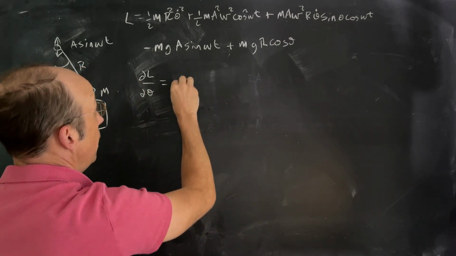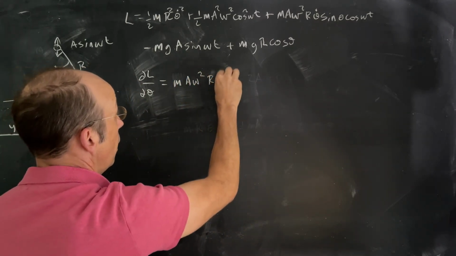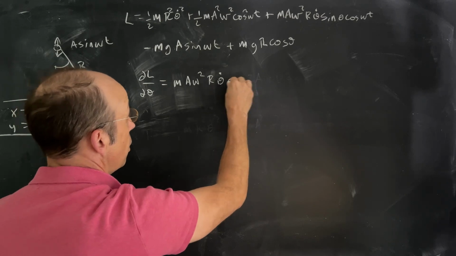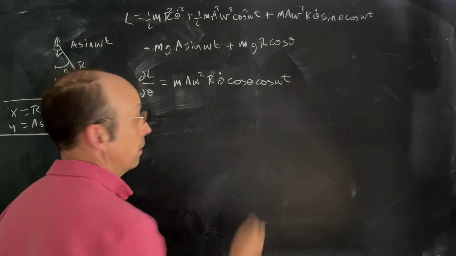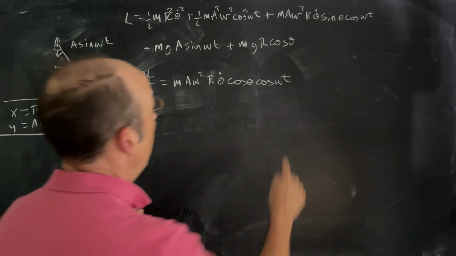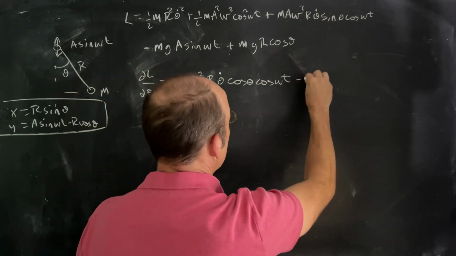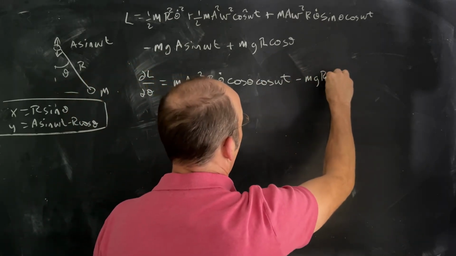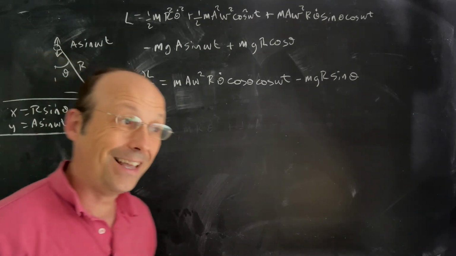So I have m a omega squared r theta dot cosine theta cosine omega t. Theta dot doesn't count. That's a partial, right? Now I'm looking more, and here's another theta. So I get minus mg r sine theta. See, it's not that bad.